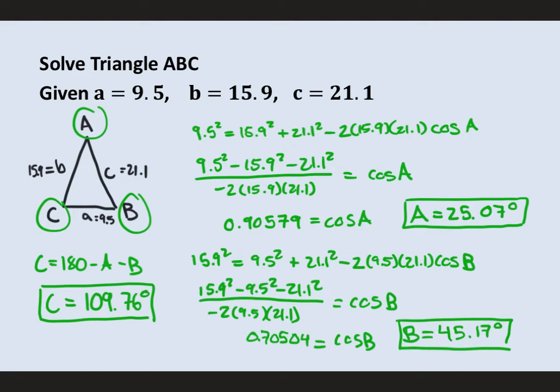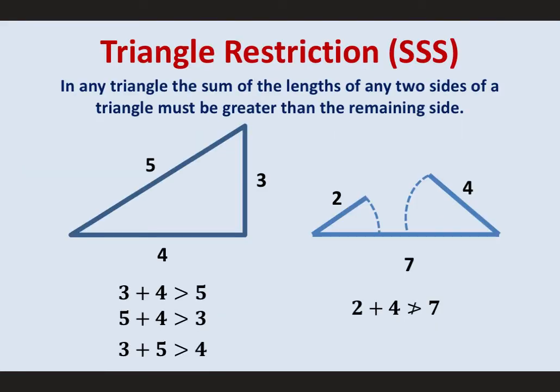There's one catch about side-side-side triangles that we need to talk about. This is something you talk about in geometry as well. Side-side-side only works if the two smallest sides of the triangle, or really any two sides of the triangle, when added together equal something greater than the third remaining side.